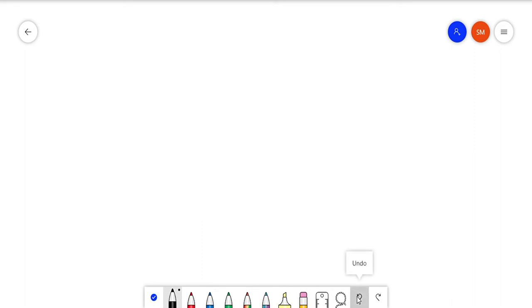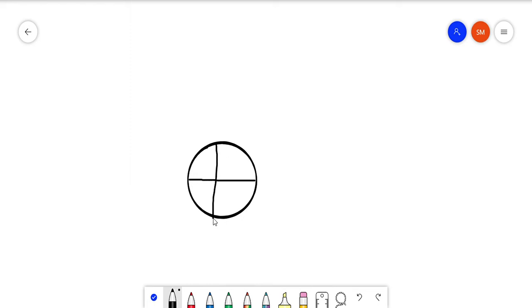Imagine this was the pizza, and it is divided by 4. Let's try by 4. No, that doesn't look good. I'm not good at this. So like that. Okay, that looks perfect.